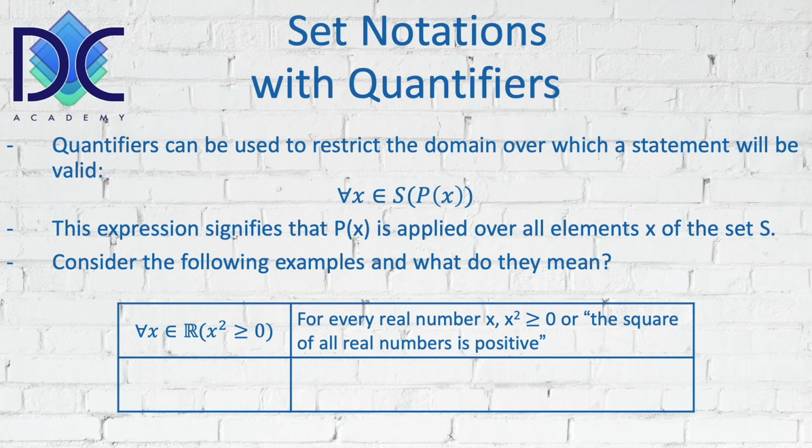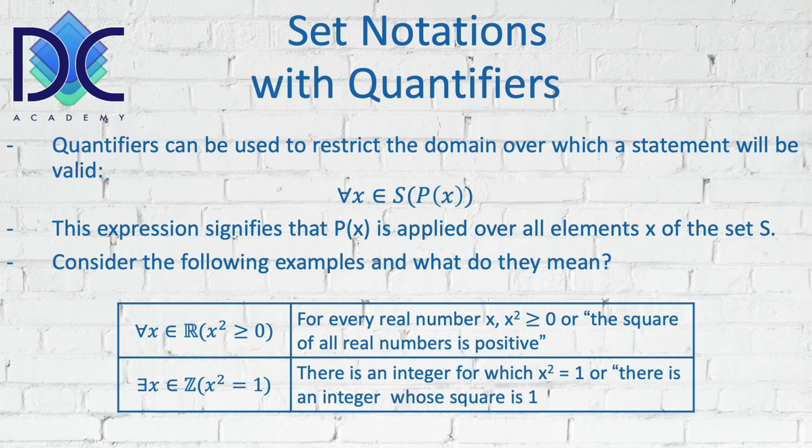So this is a universal quantifier because this is universally true over all the real numbers. We know that the square of a negative real number becomes, of course, a positive real number.